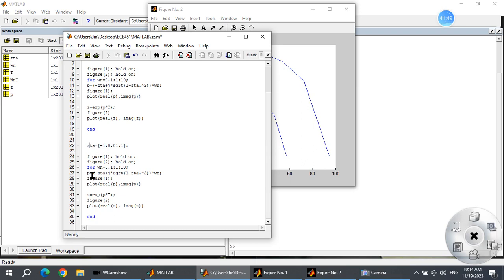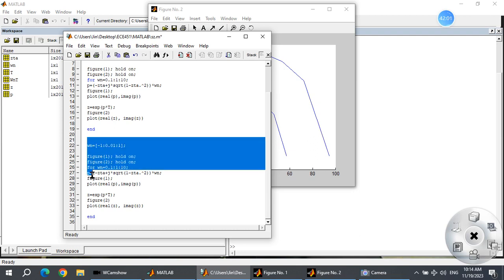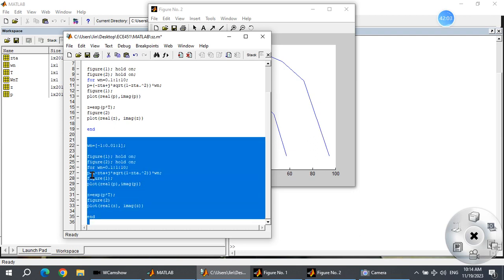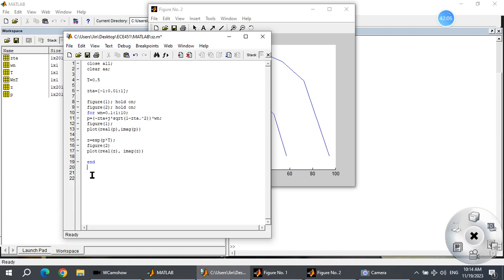Now zeta is fixed, so here's omega n. Oh, sorry, I didn't finish. I didn't times t. I forgot. Here's a t, right? So p is this one, and then the z will be times t. Oh, I times t. Yeah, no problem. Then I just copy these.